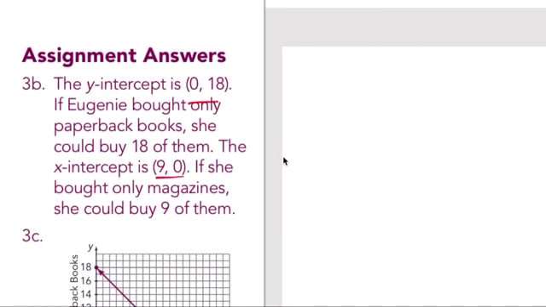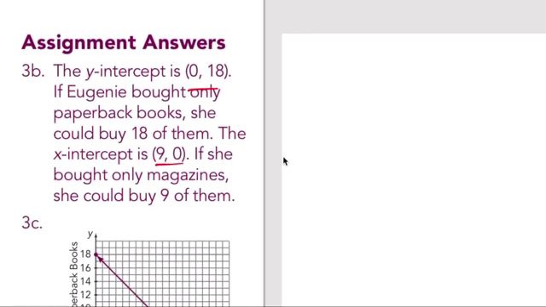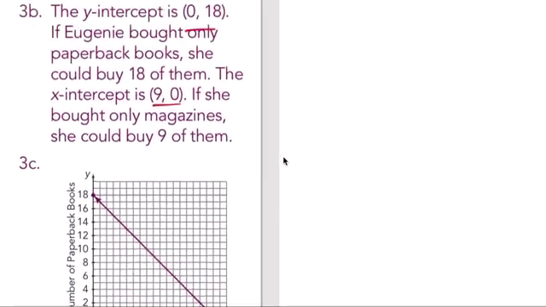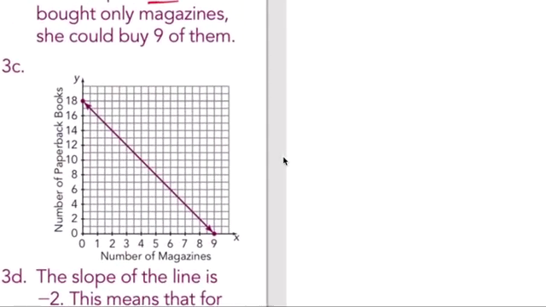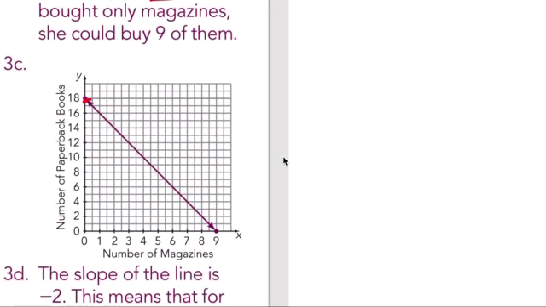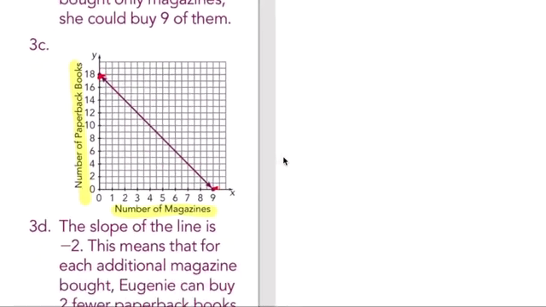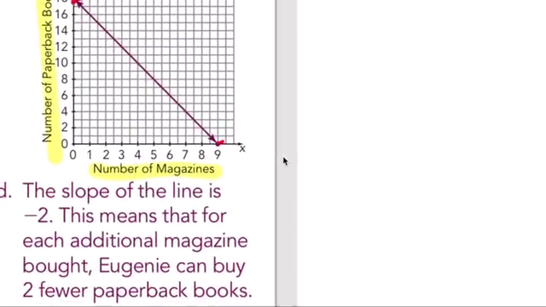X-intercept, Y-intercept, show the work for it and what it means right there. And then graphing it on the graph. Make sure you label your X and your Y-intercept, your Y, and 3D finding the slope.